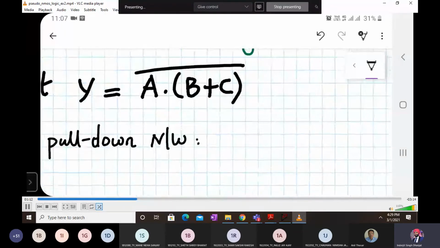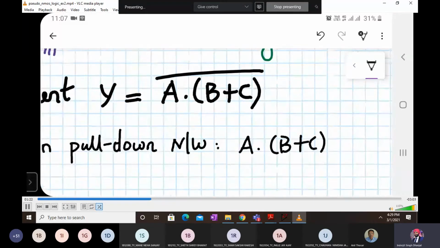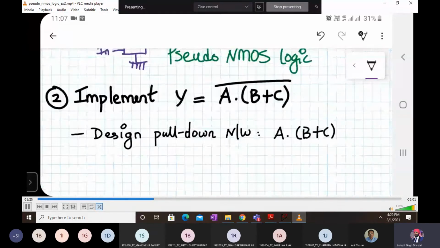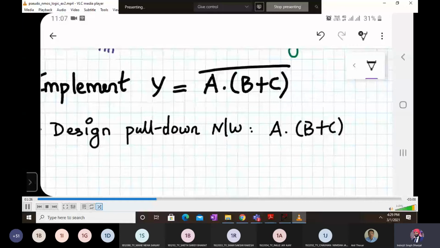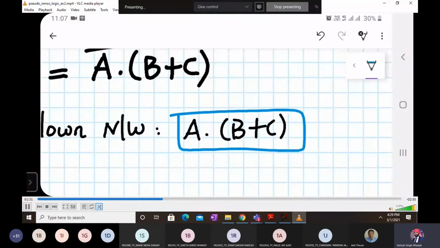What will be the equation? It will be similar to what we have studied in static CMOS: A dot B plus C. That is what we have to design as the pull down network, which consists of only NMOS transistors.